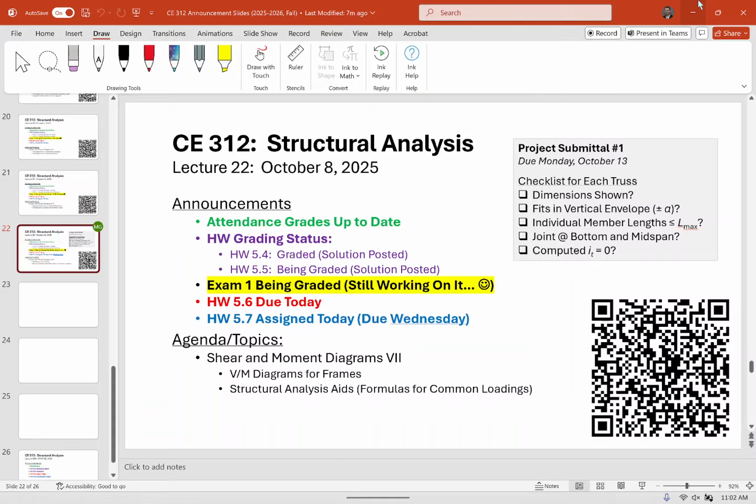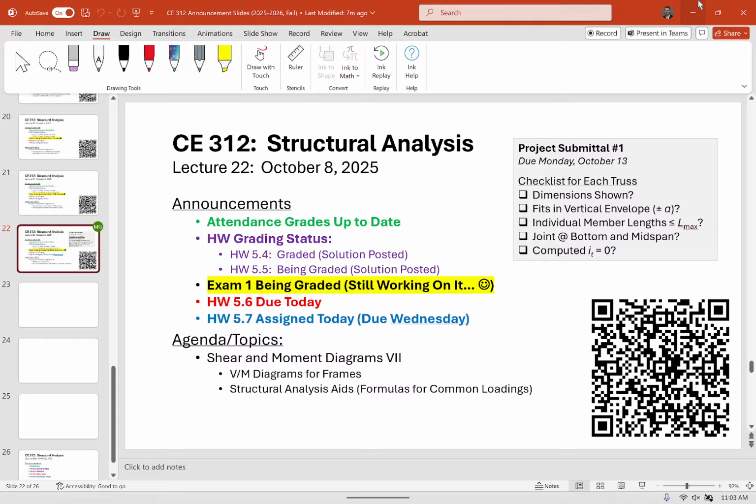And this dimension here is, we'll call it 18 feet. And this dimension here is 15 feet. And you say, well, this is less than 20 feet, this is less than 20 feet, that's good. Well, what's the length of this member right here? It's probably more than 20 feet. So each individual member length has to be less than 20 feet.